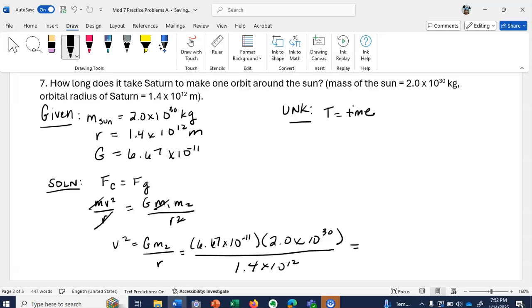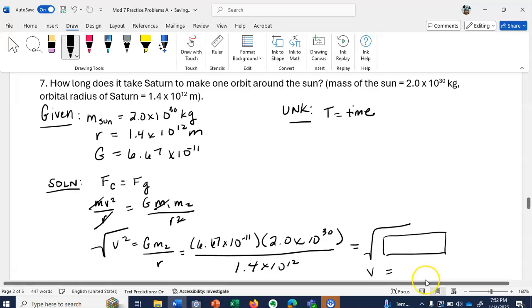And so you're going to get a velocity here. Whatever you get, you're going to need a square root so that you have velocity equals whatever that is.